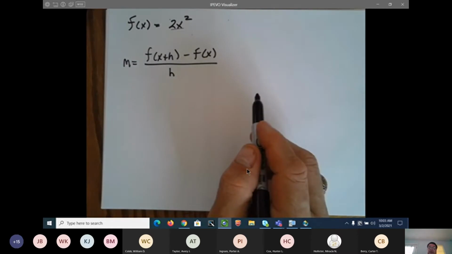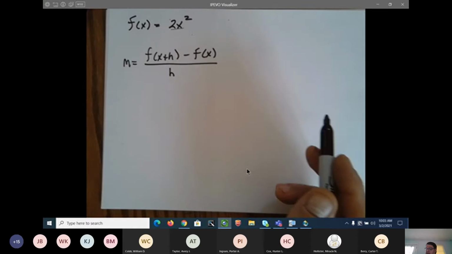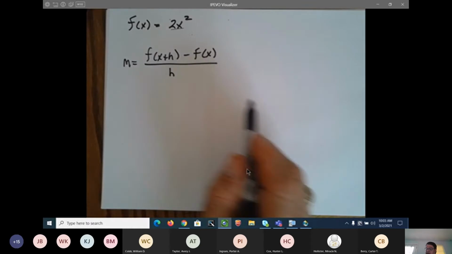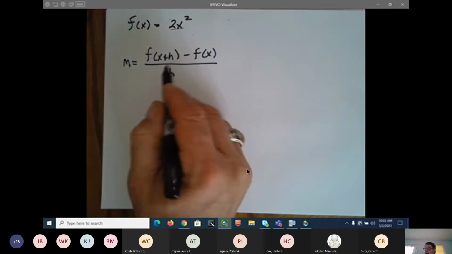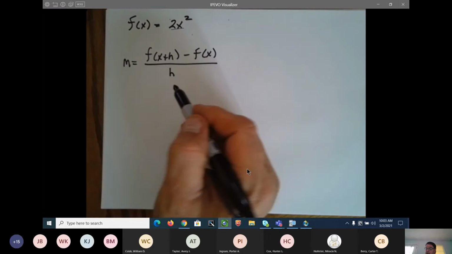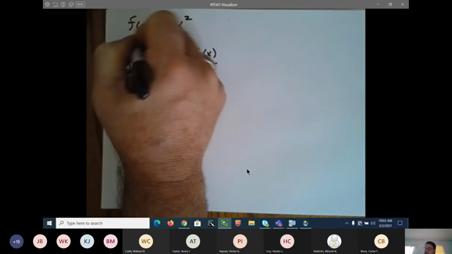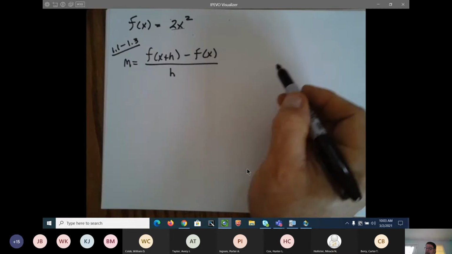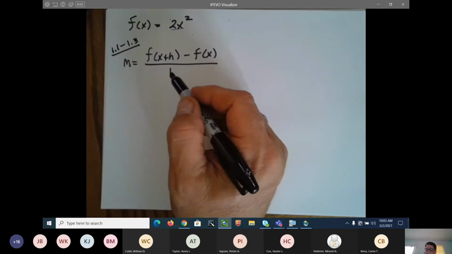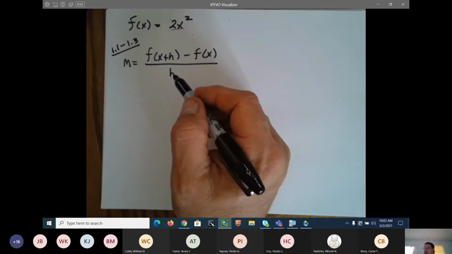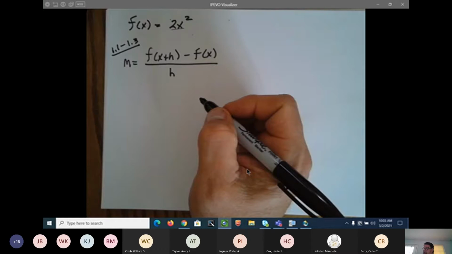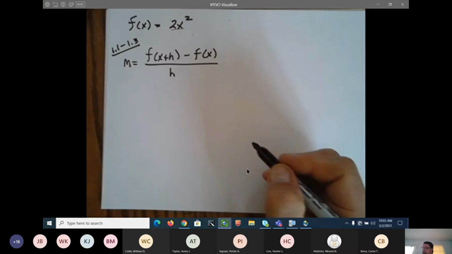This is two test questions: finding the derivative and finding the difference quotient. Difference quotient is in 1.1 through 1.3, and then applying the limit to the difference quotient, that's 1.4.